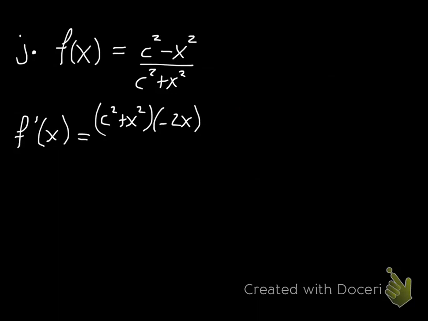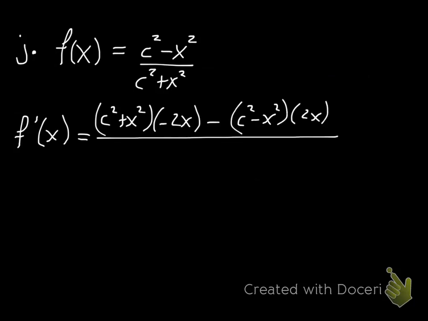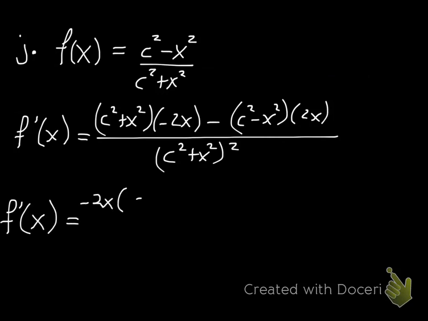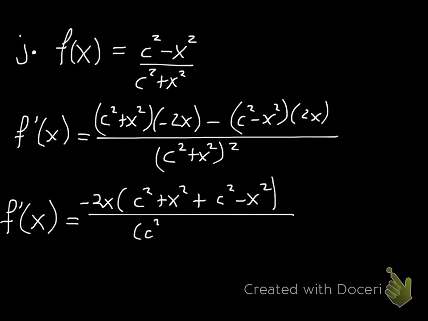C squared is a constant, but the derivative of minus x squared is minus 2x. So there's low d high minus high d low all over low squared. We'll distribute in the numerator to give us negative 2x times c squared plus x squared. But I think I was a little bit more clever than that.